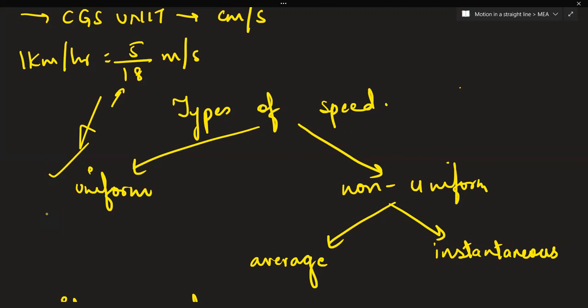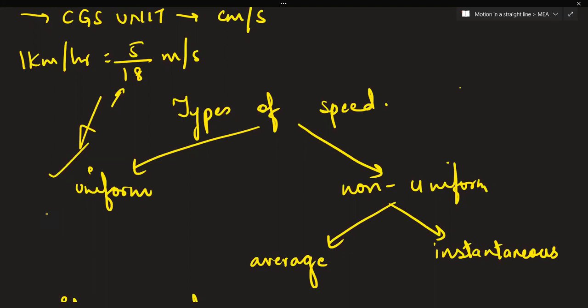So when the rate of change of distance or displacement is uniform, you call it uniform. When it is non-uniform, it will not be constant, in the sense that the same amount will not be changing over time. For velocities also you can do the same.